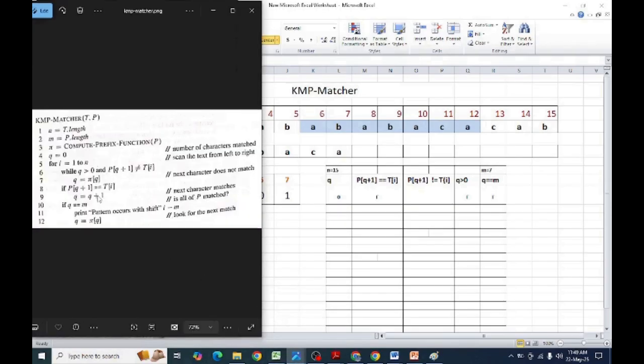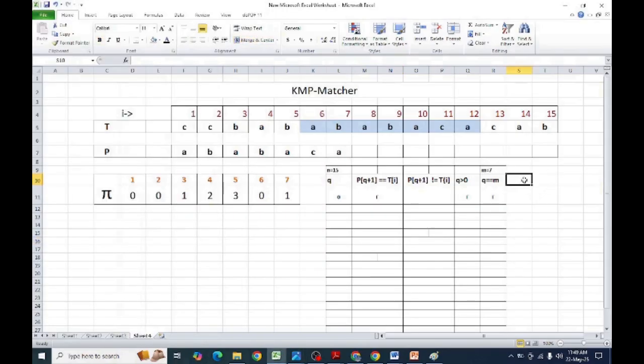So according to this algorithm, next character will be taken, so i is incremented, so let us record i also. It was 1, now it is incremented, it is 2. Okay, let us see what is happening.